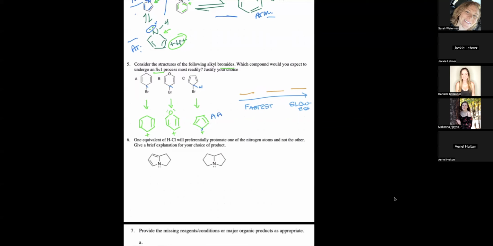Sorry, anti-aromatic. I was thinking about this one over here. But anyway, anti-aromatic, yes. 4N system. Not all of them are conjugated. This is conjugated. So okay, let's just start with this.